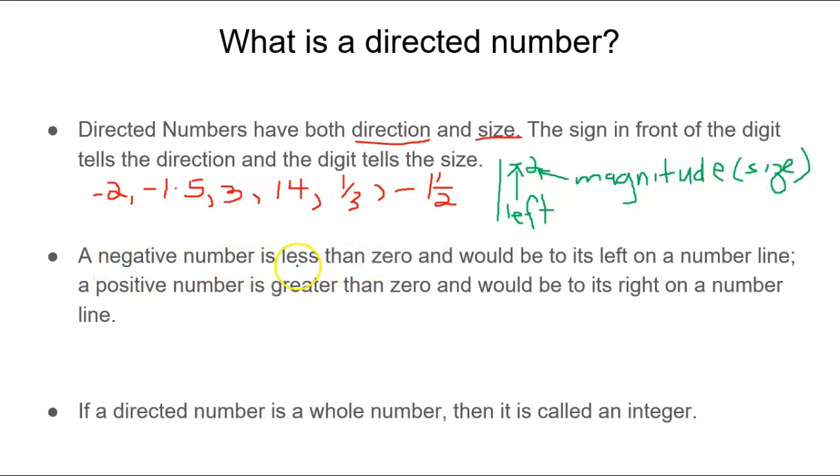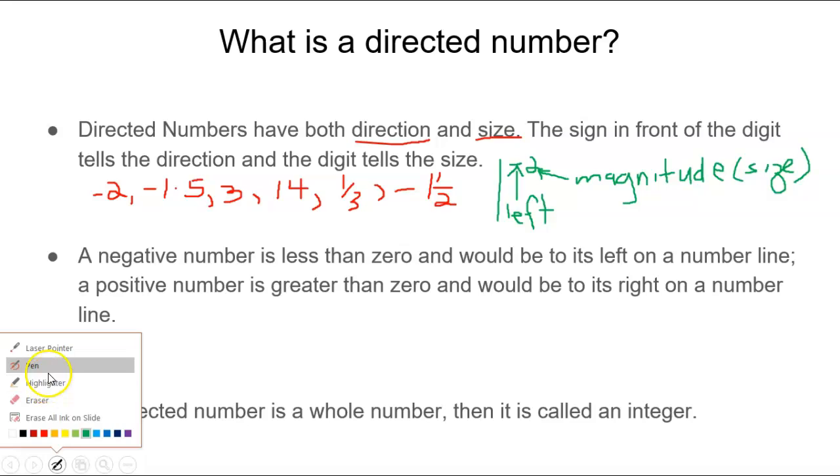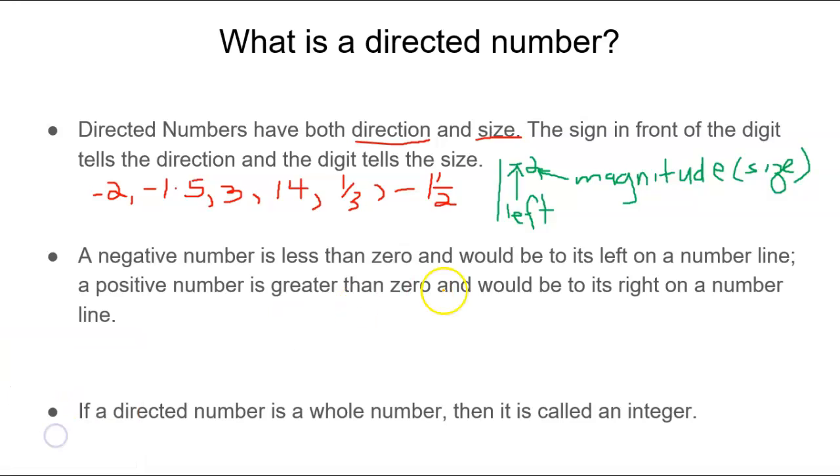A negative number is less than 0. All negative numbers are less than 0, and since all negative numbers are less than 0 on a number line, these negative numbers would be to the left of 0.